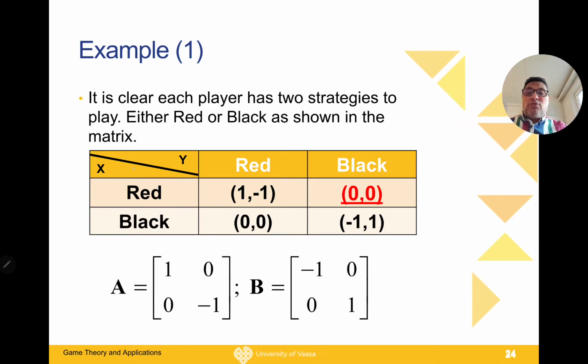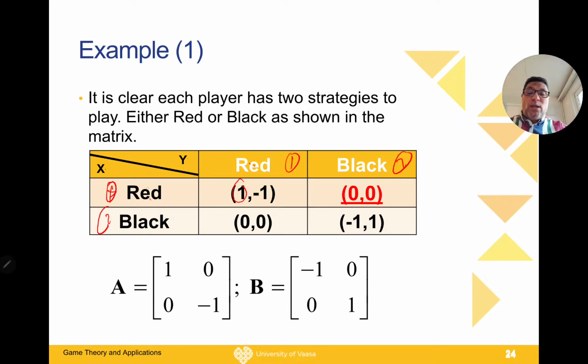So now player X can play red as the first strategy, black as the second. Player Y can also play red as the first strategy, black as the second. If player X plays red and player Y plays red, of course player 1 will get 1 and player 2 will get -1.